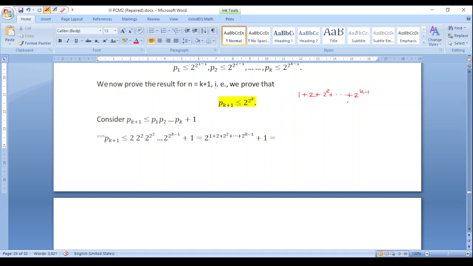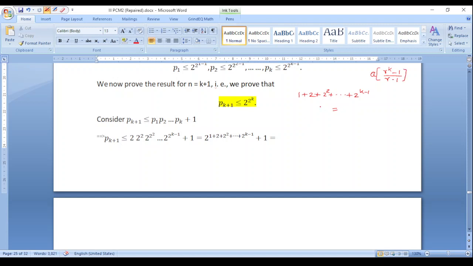As we all very well know, this is a geometric series as such with k number of terms. And as we know, the sum to k terms of the geometric series is given by, yes, if you have a general geometric series with the first term as a and the common ratio as r, then the sum to k terms is going to be a into r to the power k minus 1 divided by r minus 1.